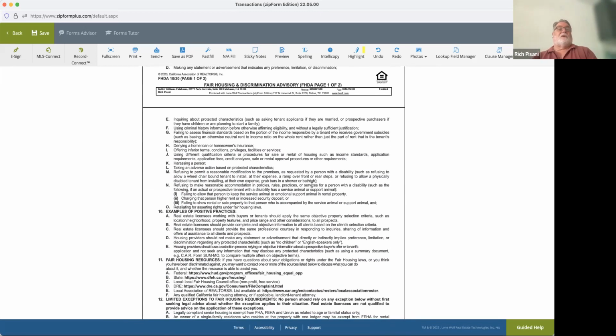Love letters are those letters that buyers write that you need to go over with your seller, if you're representing the seller, and say, do you want to accept these letters? Because it can expose you to a fair housing complaint. I don't know how many times I've seen a letter saying, I'm a single mother, living alone, raising my family.